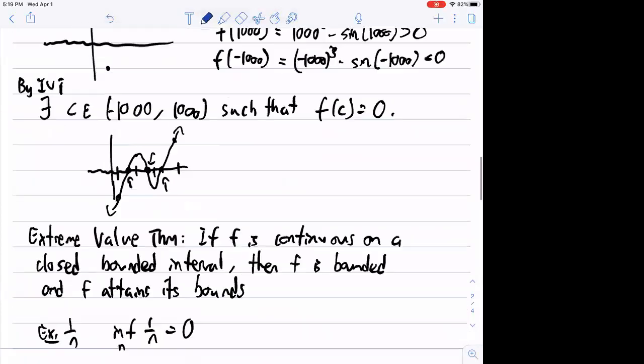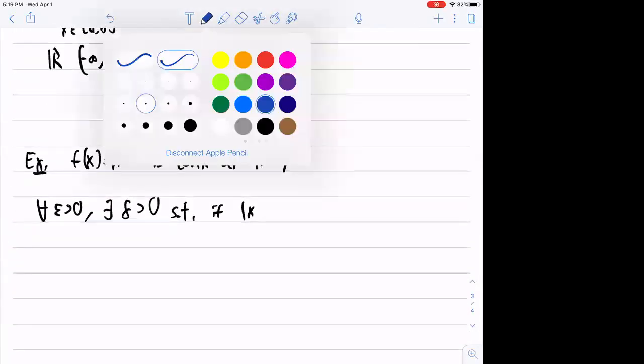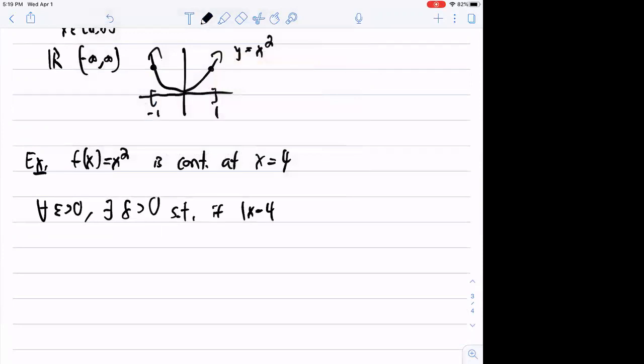Here it's going to be |x minus 4|, because I want to show it's continuous at 4. Then |f(x) minus f(u)| is less than epsilon. Well, f of x in this case is x squared, and f of 4 is 16, since 4 squared is 16. So, sorry, there should be a "then." This is want to show. I'll be using this notation a lot: WTS stands for want to show.